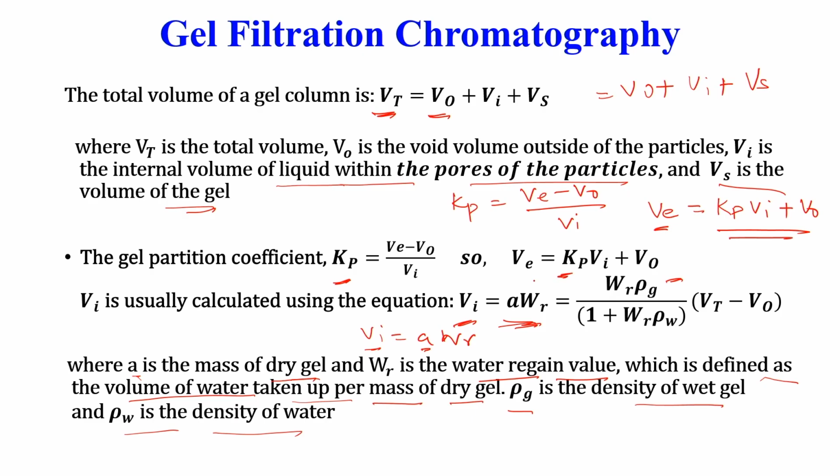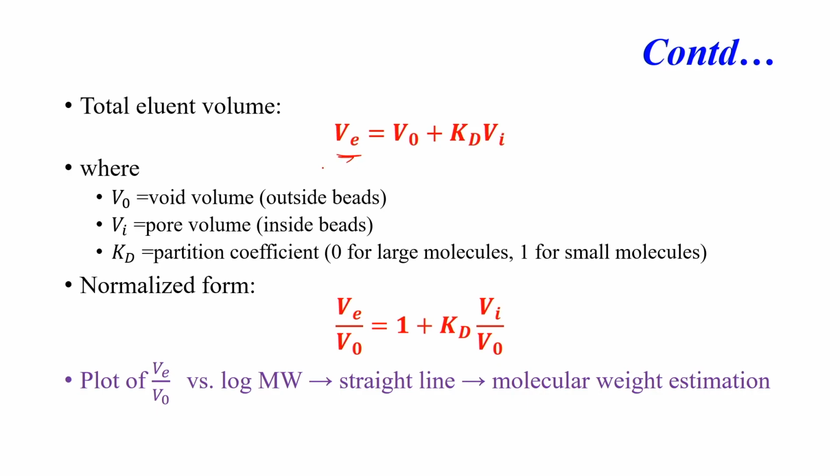Kp is the gel partitioning coefficient, and Vo is the void volume. So, one can quickly calculate the Ve, or the elution volume. Total eluant volume will be Vo plus Kd times Vi. We can rearrange this equation such that V upon Vo will be 1 plus Kd Vi upon Vo.